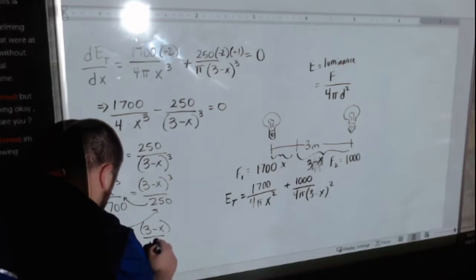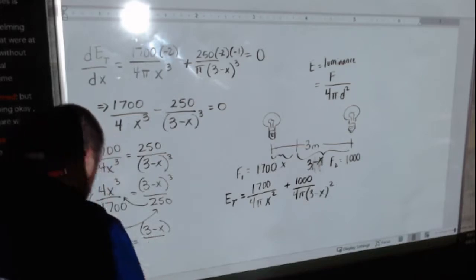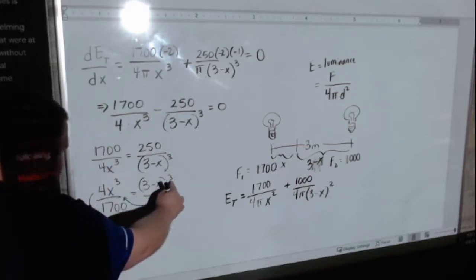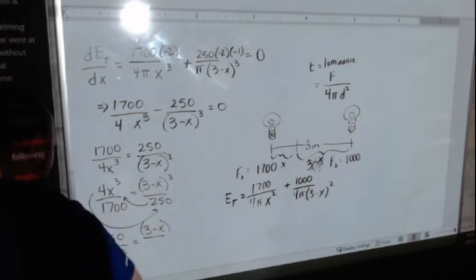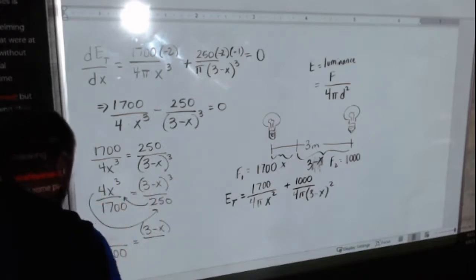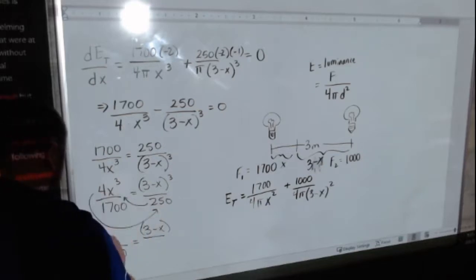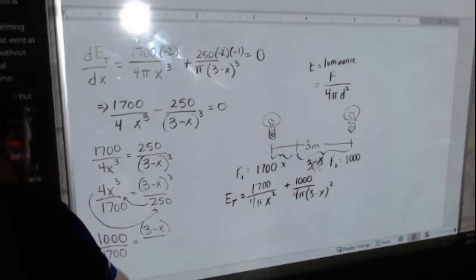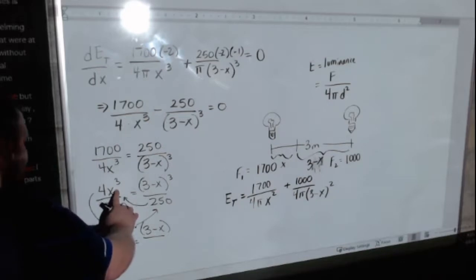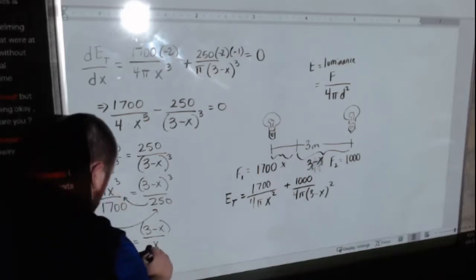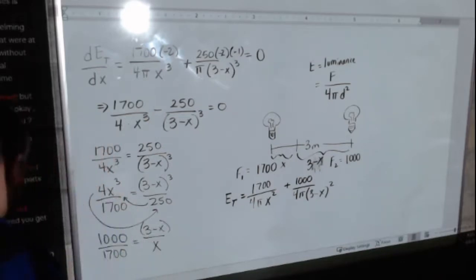And the reason I do that is I'd have 3 minus x cubed. Actually, I'm going to leave the 4 over here, sorry. If I leave the 4 over here, 250 times 4 is back to 1,000. And I'm just going to divide by the x cubed. Just check what you got. Okay, no new questions.